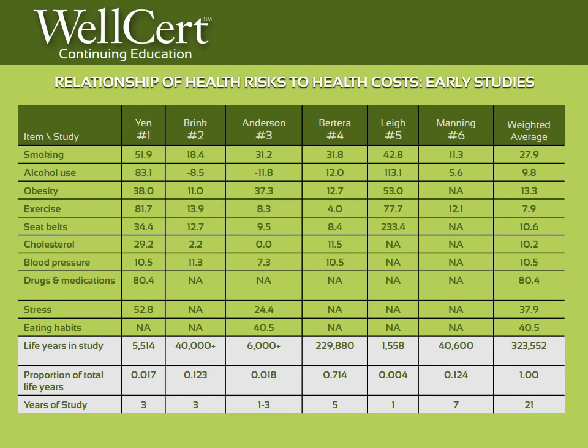Now, if you look at alcohol use, you can see that there are some that are negative. And that basically is an artifact of the methodology that was used. Because one of the things with alcohol use is we know that people who drink a lot tend to die more quickly. So they die out of your sample.